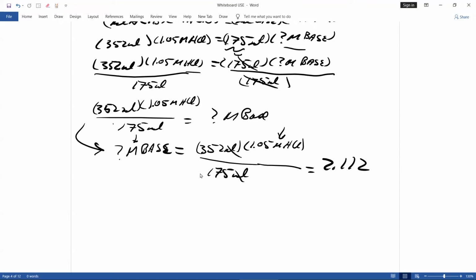But this is 3 significant figures. Oh, I'm in my rut. 3 significant figures and 3 significant figures. So I'll let you round this off to, you're right, 3 significant figures.